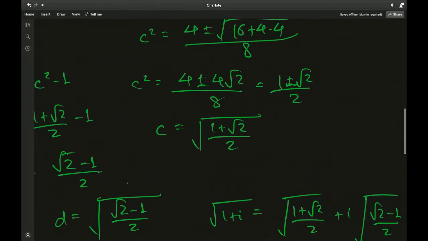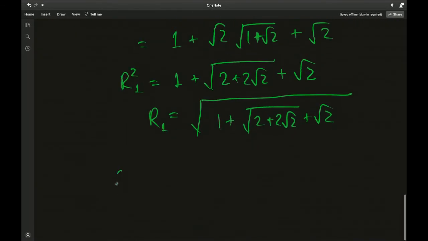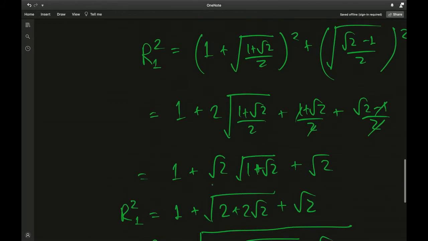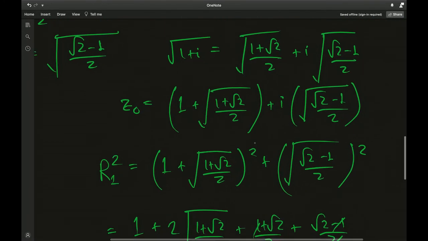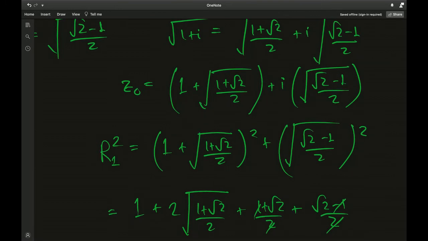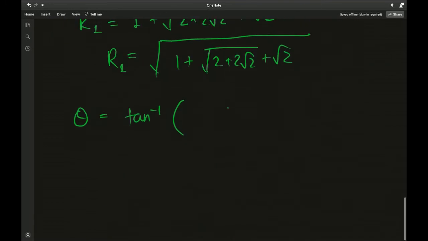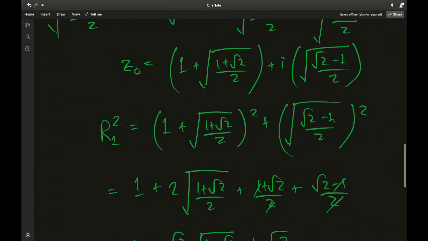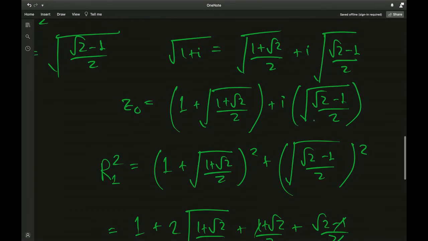Fair enough. Now for theta. Theta is the inverse tangent of the imaginary part of z naught divided by the real part. We can actually write stuff down because we know the value of z naught.